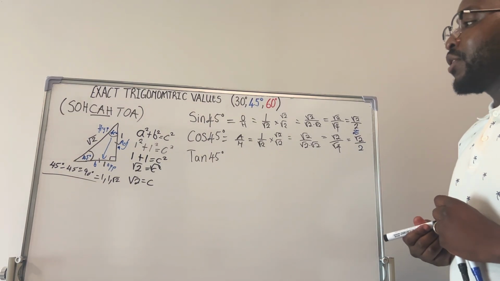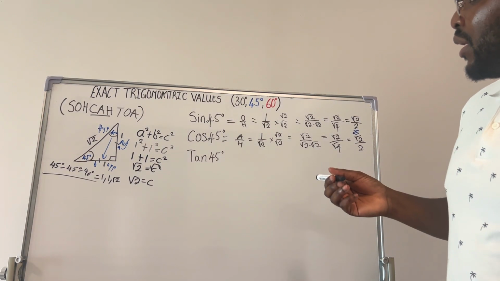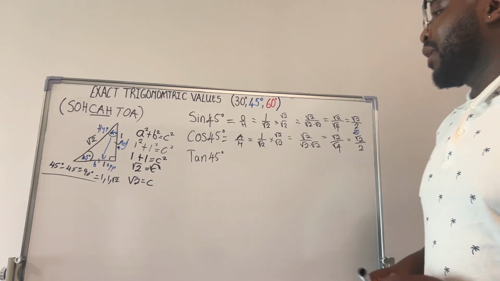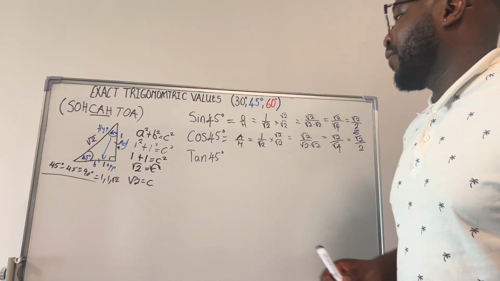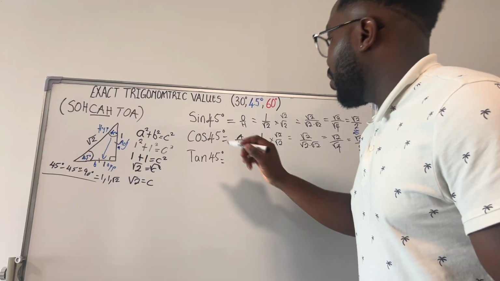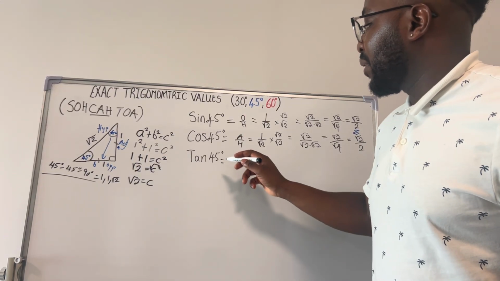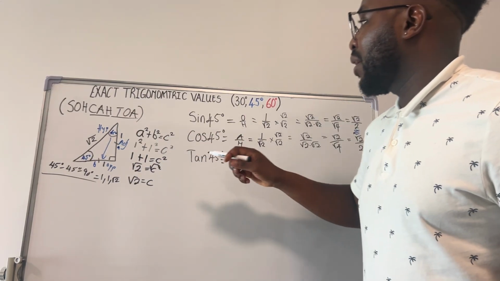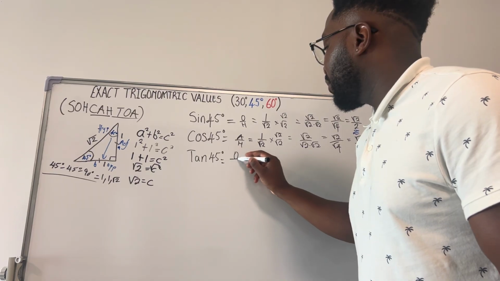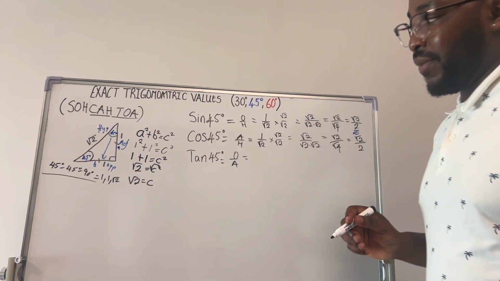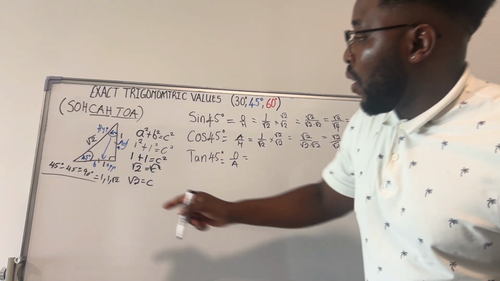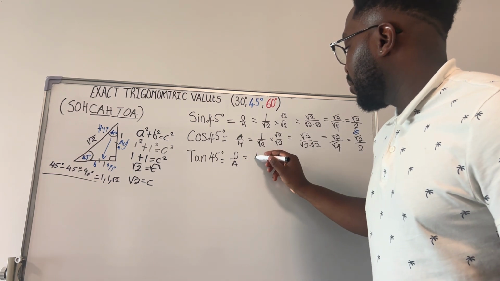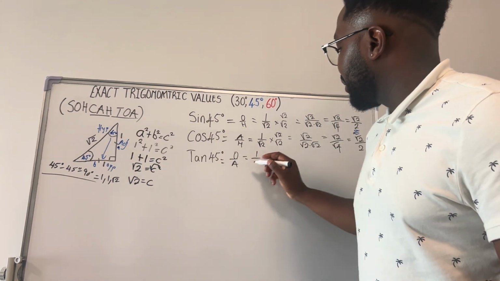Now let's find tan 45. Using SOHCAHTOA, tan is opposite over adjacent, and our opposite is 1 and our adjacent is 1.